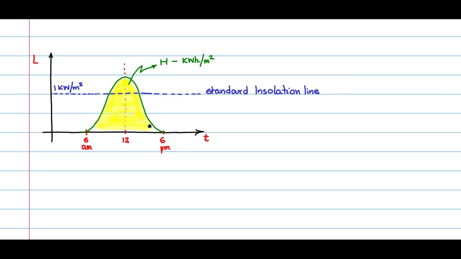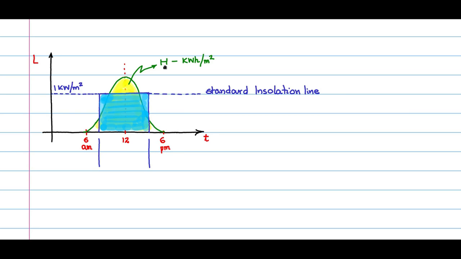Now, using the standard insolation line as the upper limit, we can draw a rectangle like this, such that the area within the rectangle is matching the area H of the actual measurement or estimation.